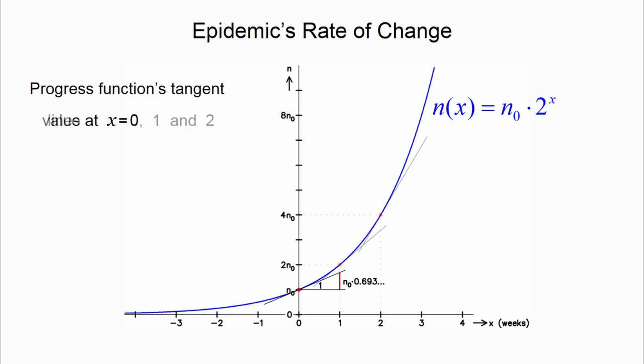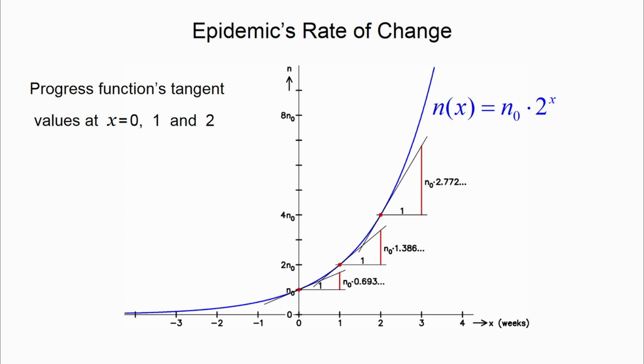This is repeated for x equals 1 and 2, at which places the inclination equals 1.38 and 2.77 times N0 respectively. Notice that the successive measured inclination values 0.69, 1.38 and 2.77 times N0 possess the same relative proportions 1, 2 and 4 as the function values themselves at those locations.